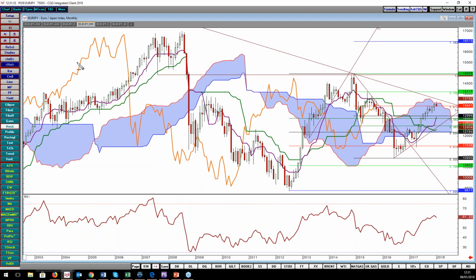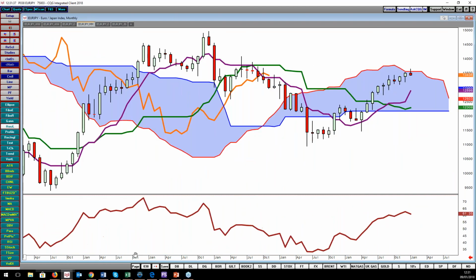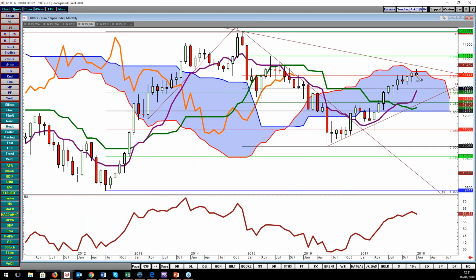What does the monthly say? Interesting. The monthly has us just interacting with the top of the cloud, although the lagging line is above the cloud, so there are a few mixed messages in there. But yes, interesting that we found these sellers at the top of the cloud on the monthly time frame chart.